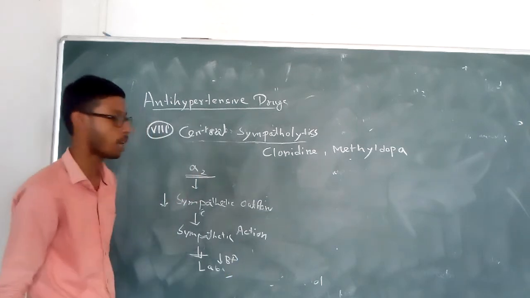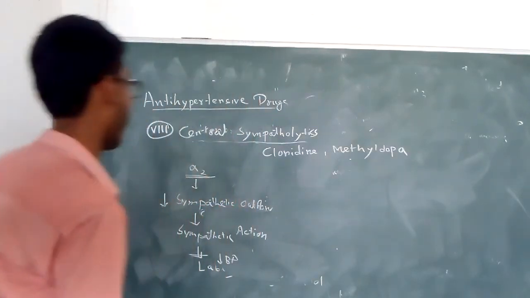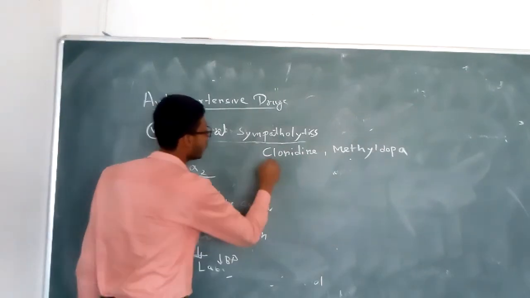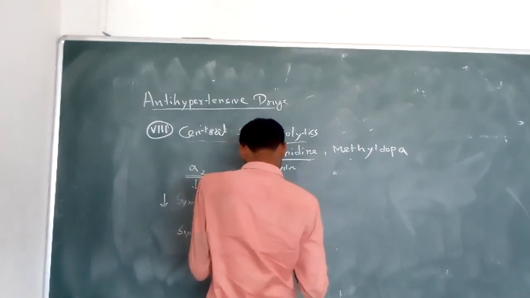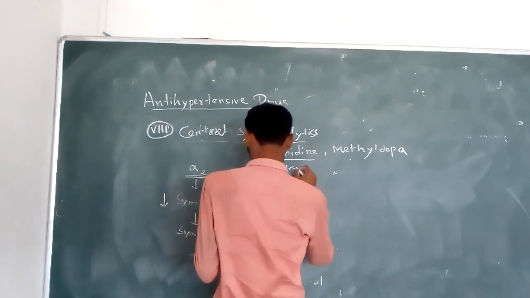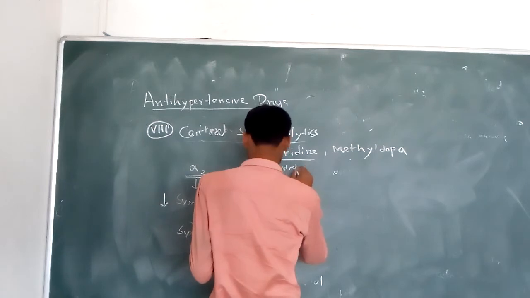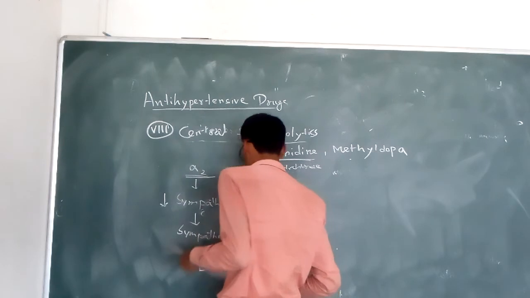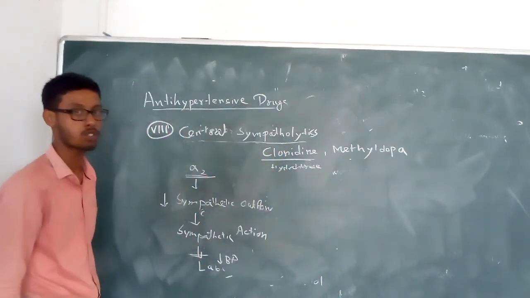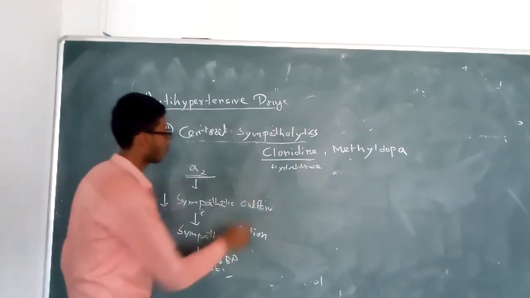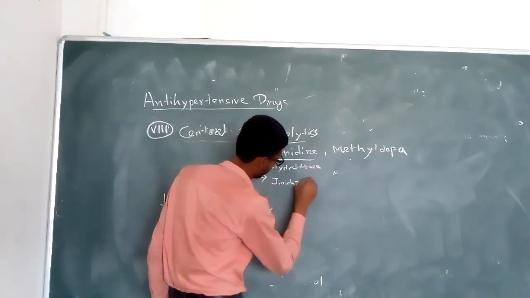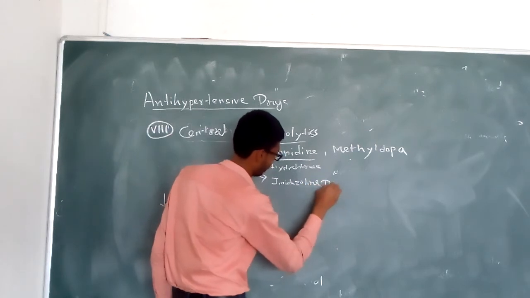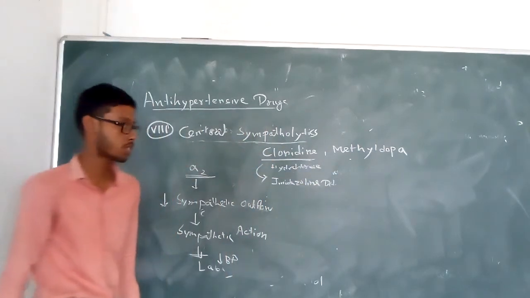Both drugs, clonidine and alpha methyldopa, act this way. Clonidine is official as the hydrochloride form, and it contains the nucleus of an imidazoline derivative, that is, an azole system.